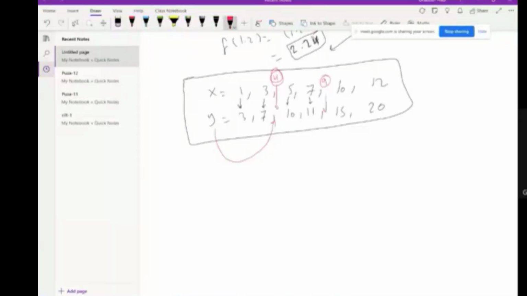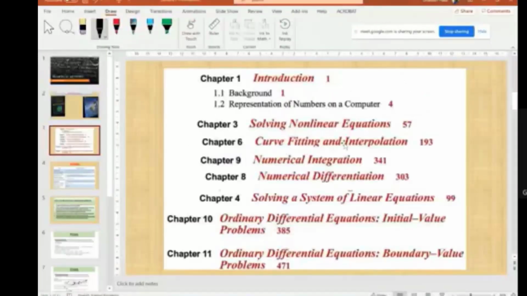Or the inverse: if I have y equal 14, what will x be? This is named curve fitting, or interpolation or extrapolation. This is the second subject.